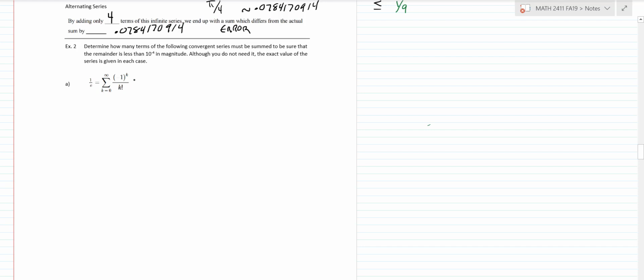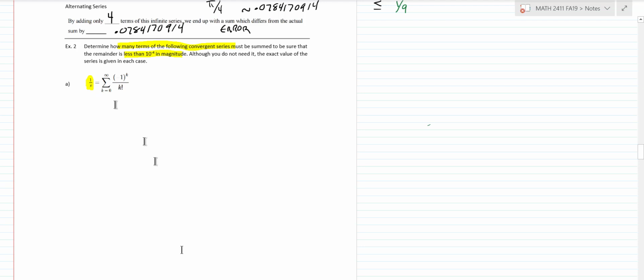That's interesting, so e can be expressed as an infinite series. In this problem, we're going to determine how many terms of the following convergent series must be summed to be sure that the remainder is less than 10 to the negative 4 in magnitude. We do have the value of this convergent series as 1 over e.